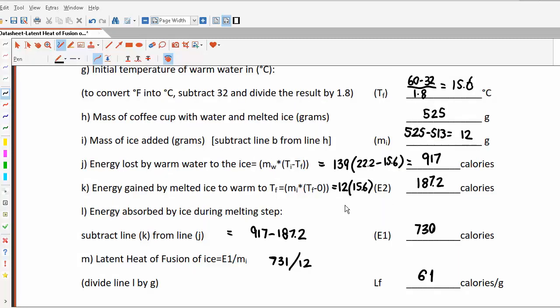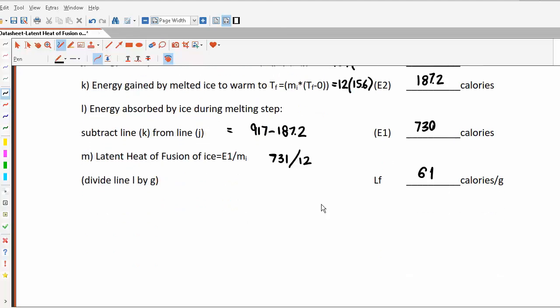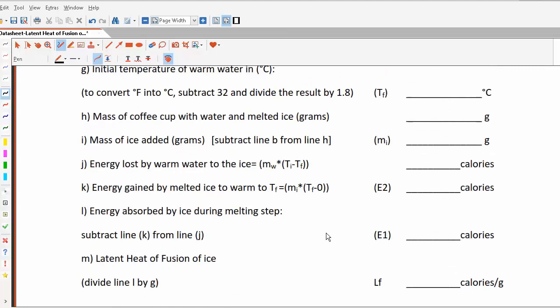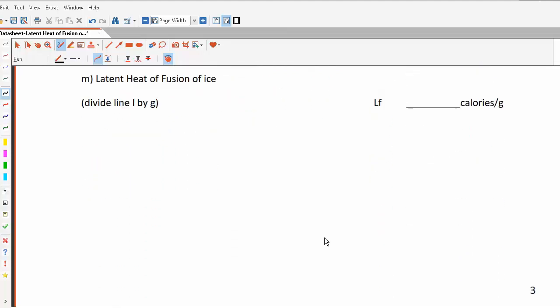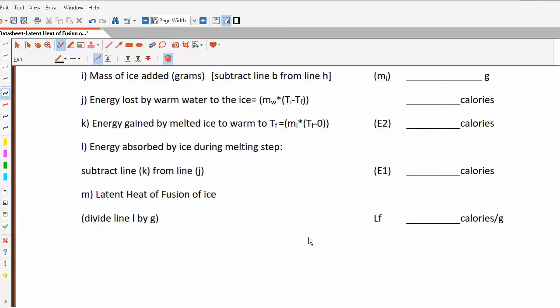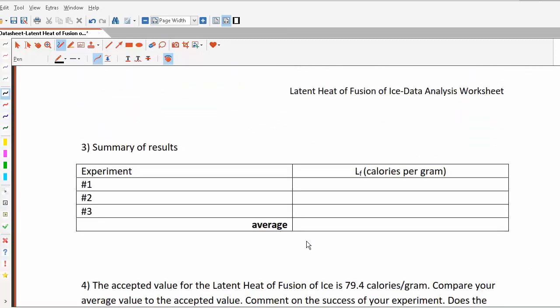Please perform these calculations for each of your repeated data runs. Once you have done that, let me just scroll to the end here.